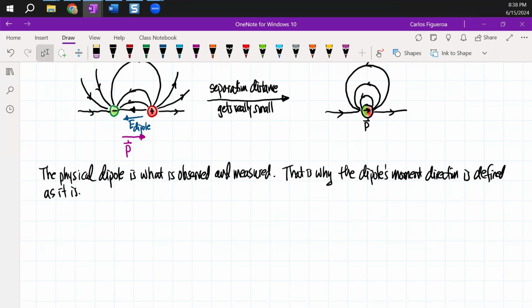So we haven't practiced much on drawing field lines, so I think we should hit it right now.